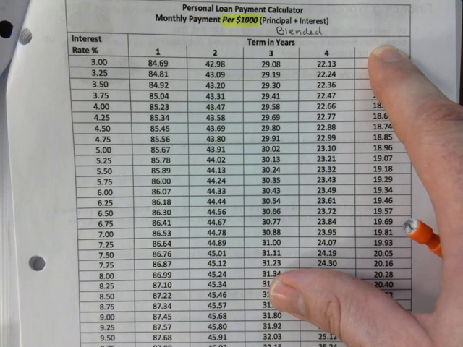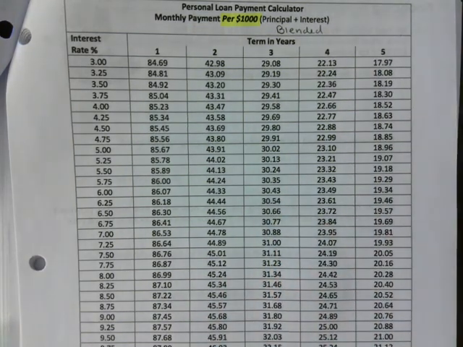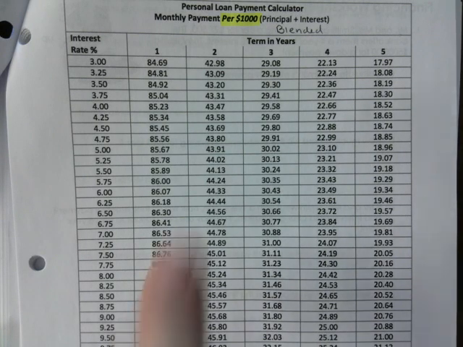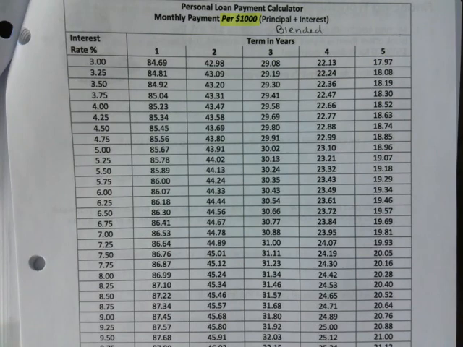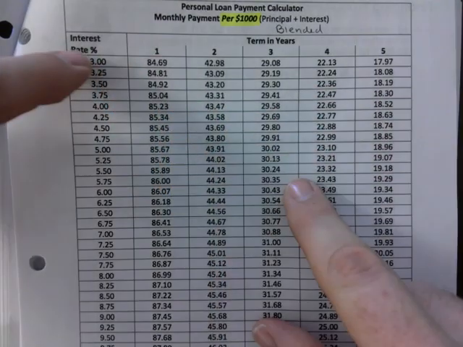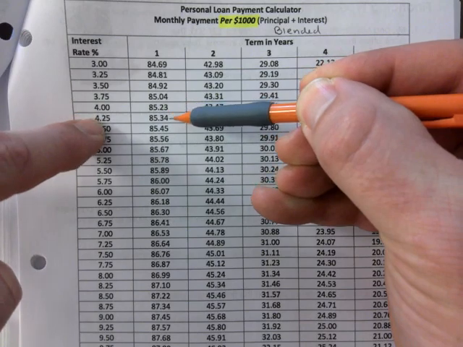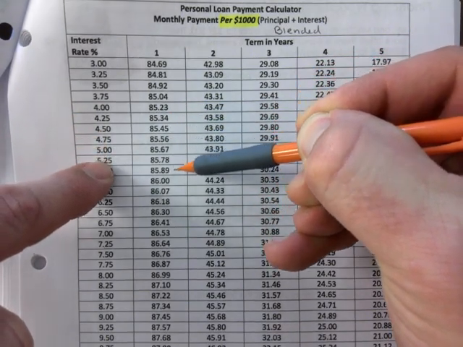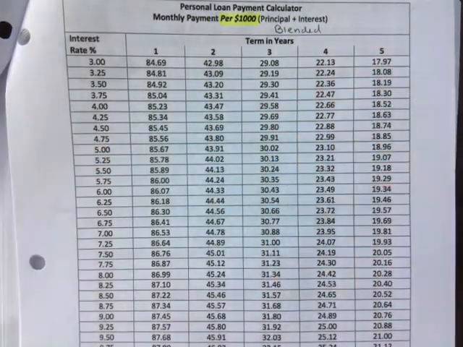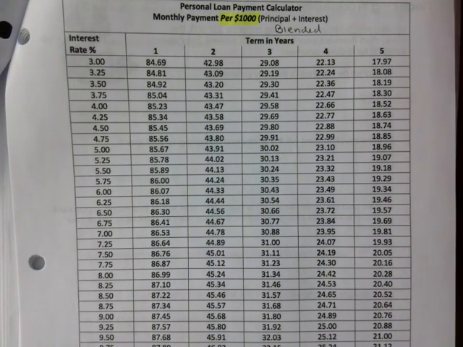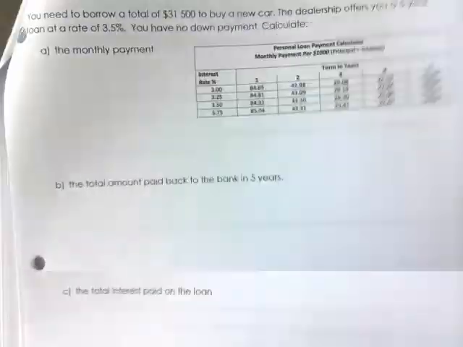The total interest you pay the bank at the end of the day, the longer it takes, the more interest you're going to pay. Even though your payment looks smaller, they're charging you more interest. We'll do that in a bit. And obviously, as the interest rate goes up, so does your payment. That one I think you can wrap your head around, right? So keep that in mind. The table actually gives you some clues sometimes.